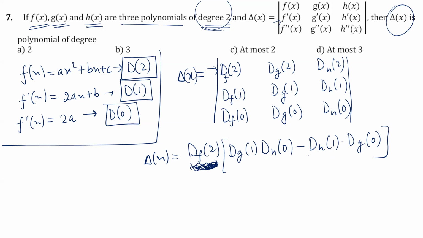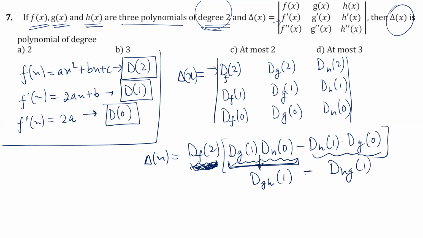From here you will get that this is a polynomial of degree 2 outside the bracket, and inside we have this full term. So dg is a polynomial of degree 1 and this is polynomial of degree 0. So this full term will come out to be of degree 1, gh of 1 and hg of 1. But there is a minus, so it is not necessary that they will be the same. It may happen in some cases, but not necessary. And outside we have a polynomial of degree 2.